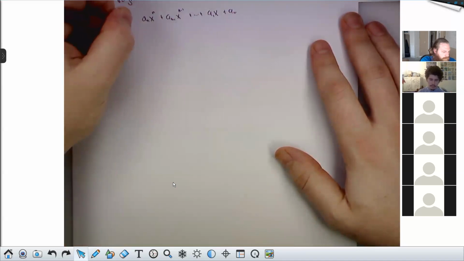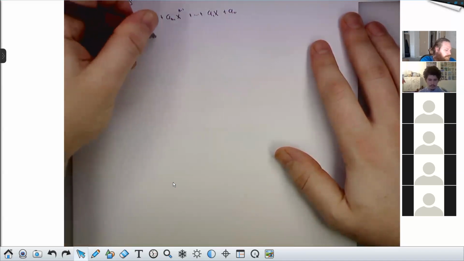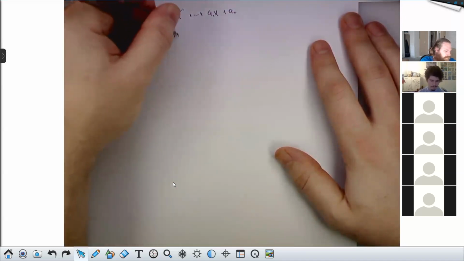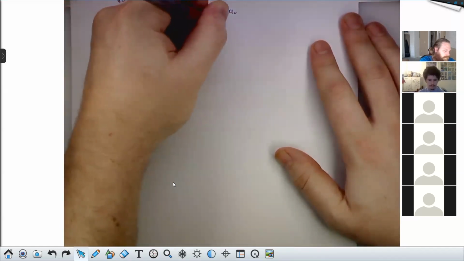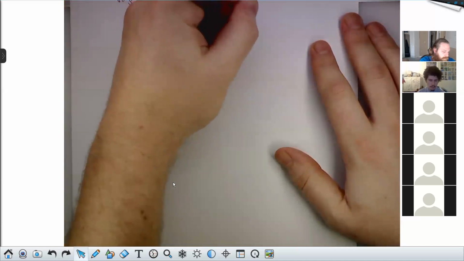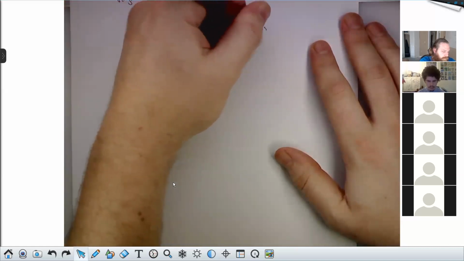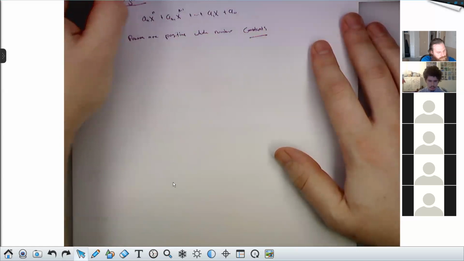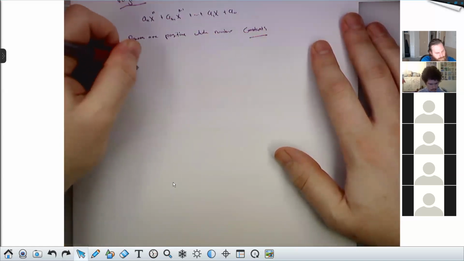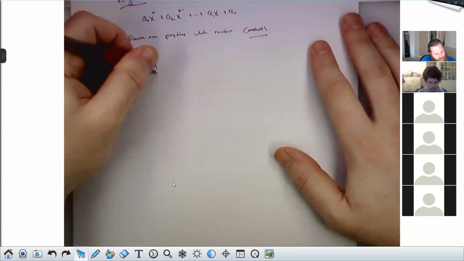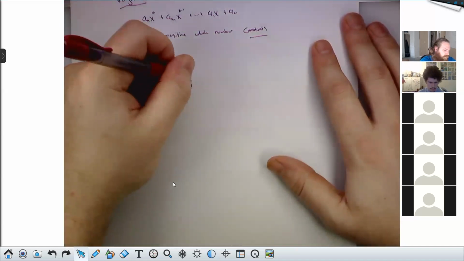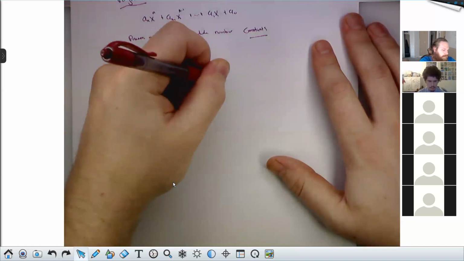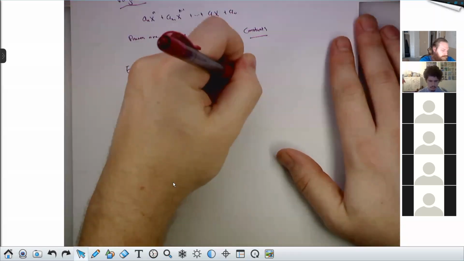So here the powers are positive whole number constants. An exponential, these are functions like b to the x, where b is a constant.